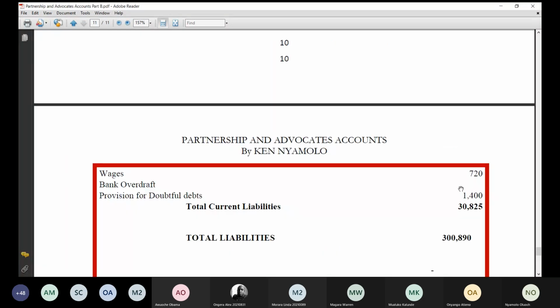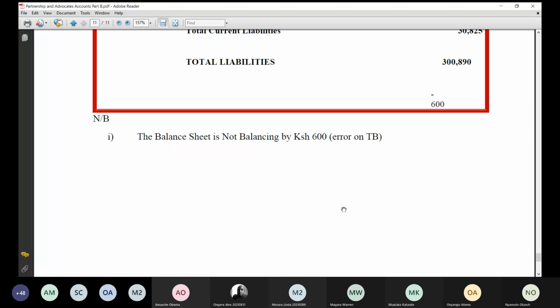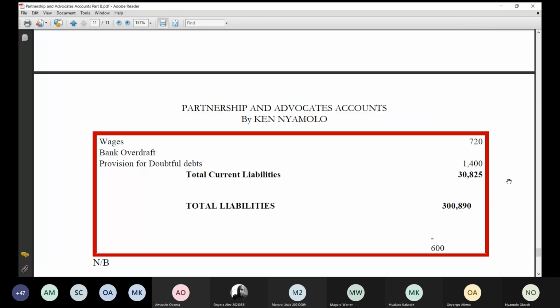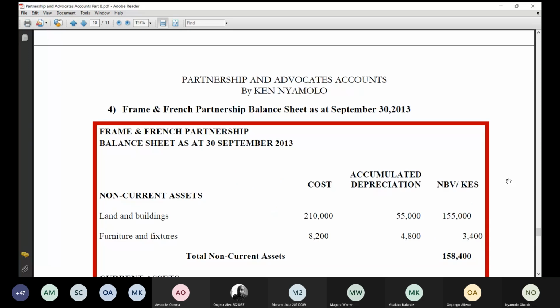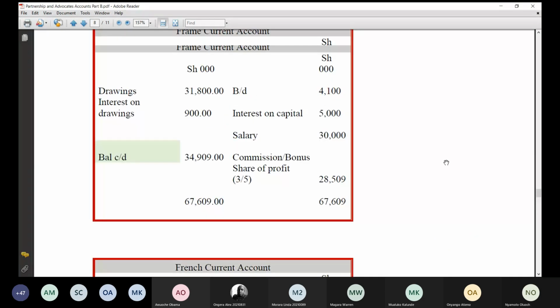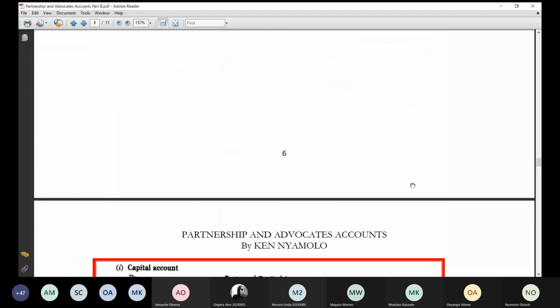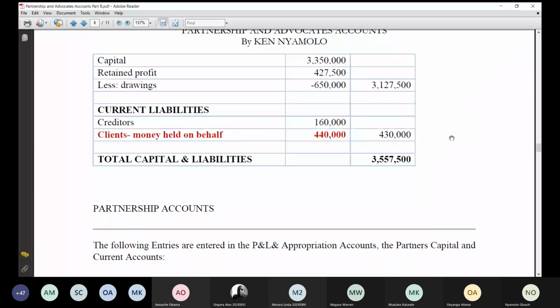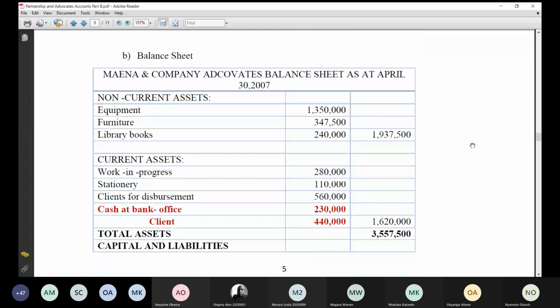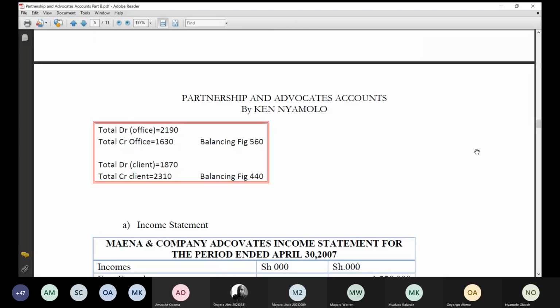If you are keen, we'd indicated that the question did not balance, but somebody forced it to balance at 640,601. If you add the debits and the credits, you see that the imbalance is 600. So forget about the balancing. Examiners also force these things to balance. So you pick your marks and run away with your marks. The more marks you get, the better for you. So that is the gist of doing that.